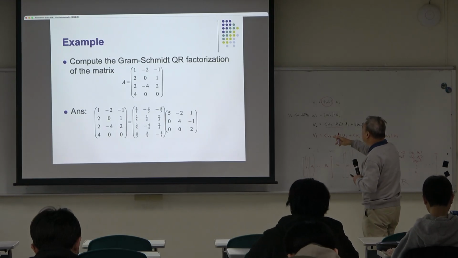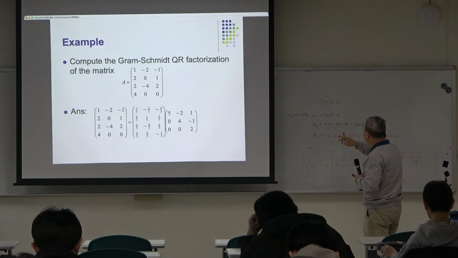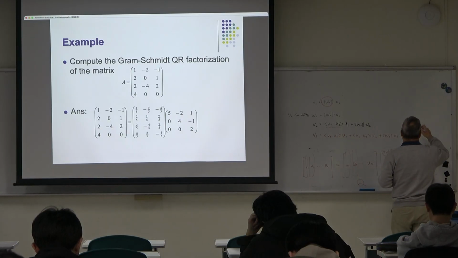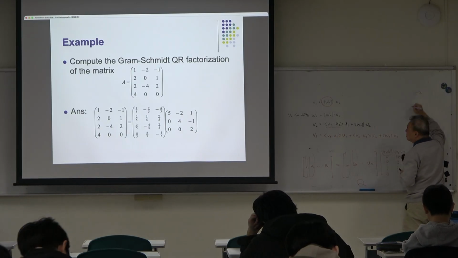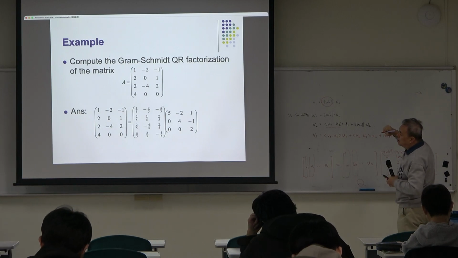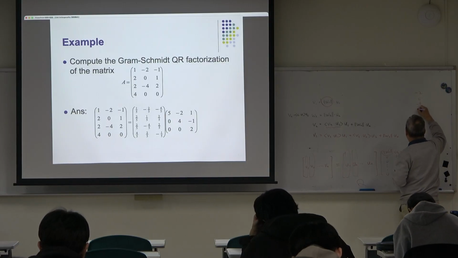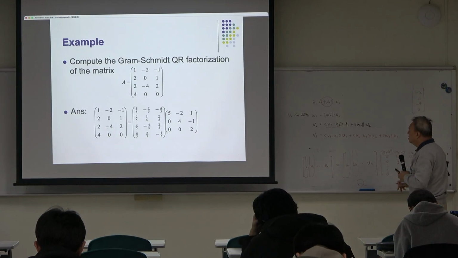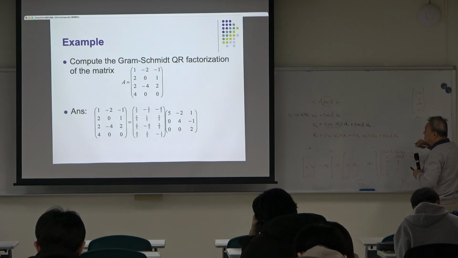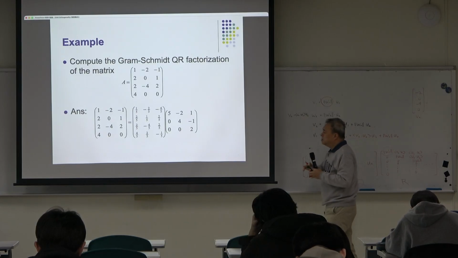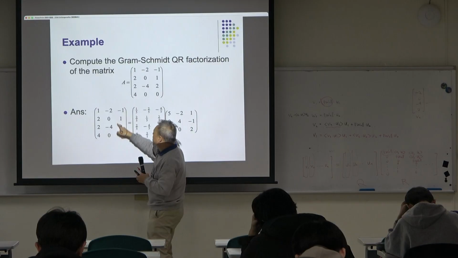Let's calculate W2. W2 is B2, which is the original column vector, -2, 0, -4, 0, minus this one, W1.